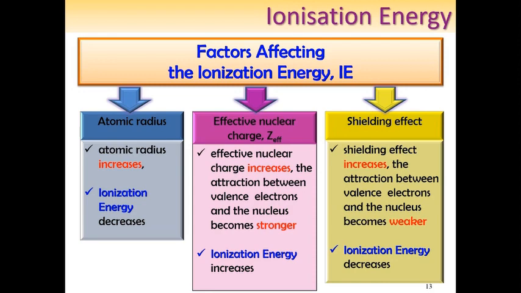This is due to the presence of a higher number of inner shell electrons, which effectively shield the outermost electron from the nuclear forces. So ionization energy decreases down a group.